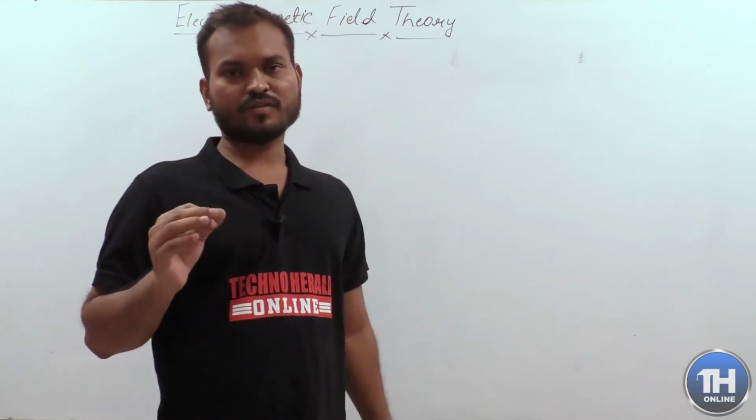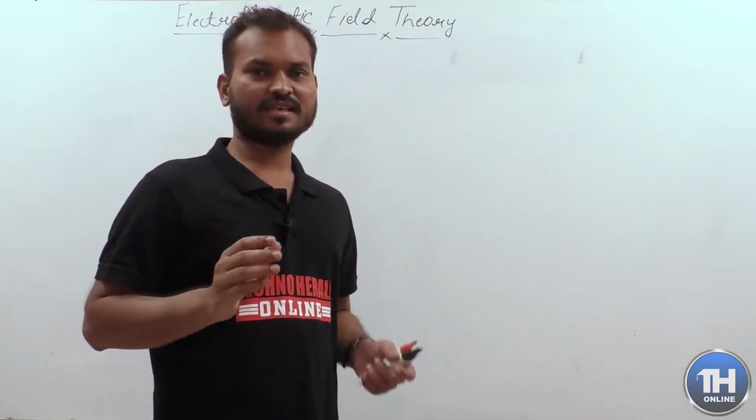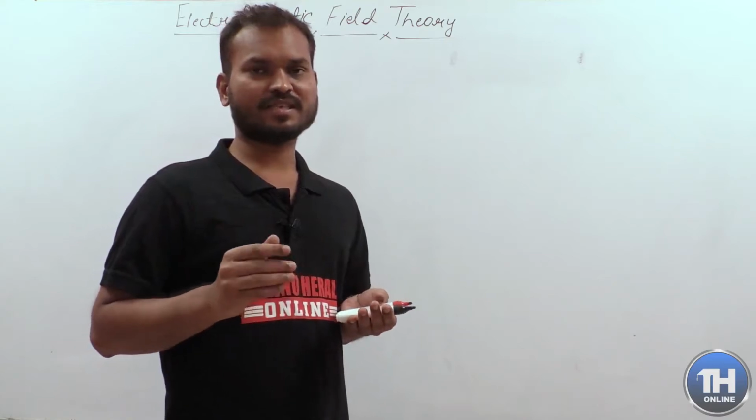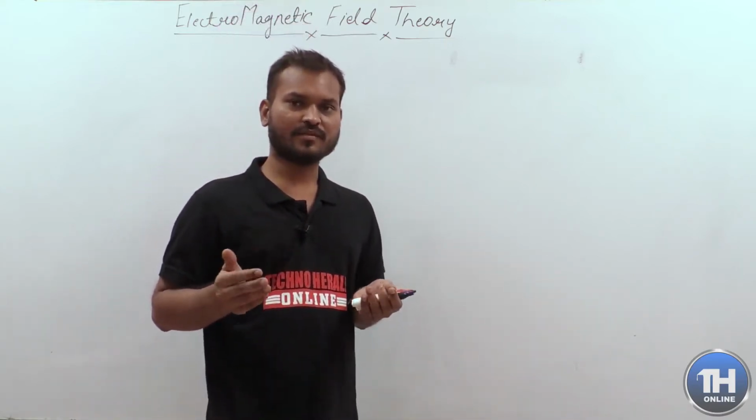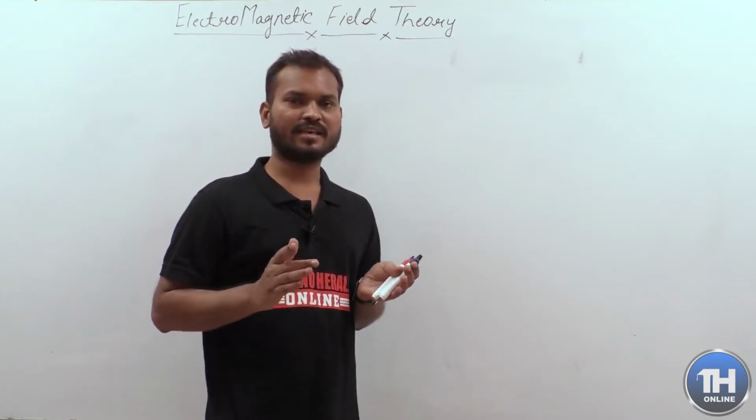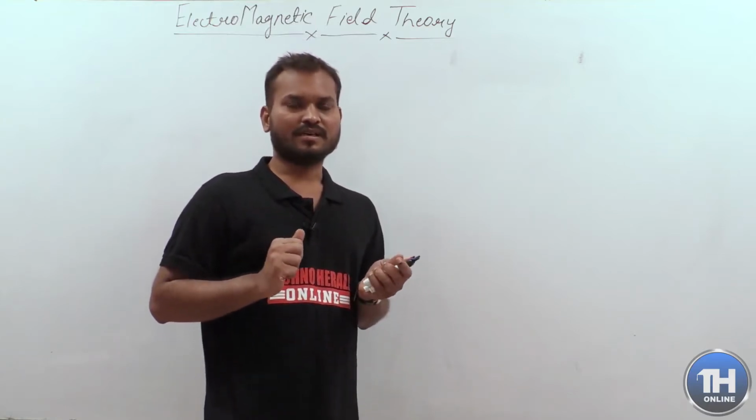So before going deep into the differentiation and the integration of the vectors, first we will study about the differential length. What do you mean to say by the differential length? What do you mean to say by the differential area and the differential volume?